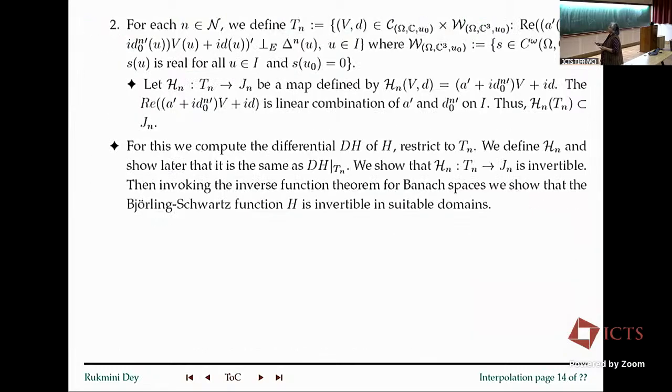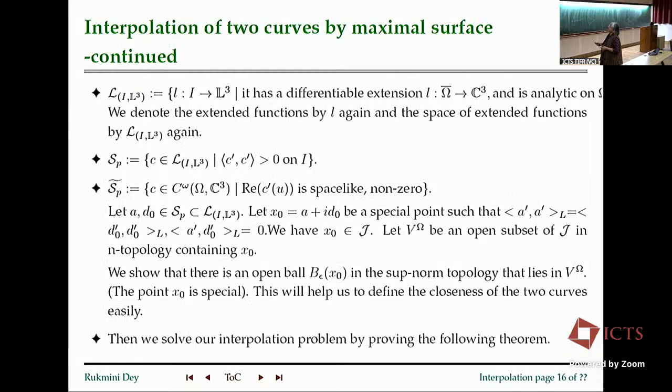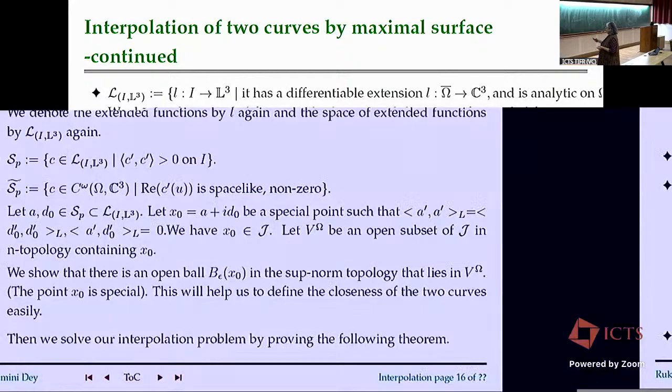So the Björling-Schwarz function is invertible in suitable domains. And so now, what is that suitable domain? The inverse function theorem doesn't hold on a big domain, right? So that will translate into a domain for how close these curves should be, right?